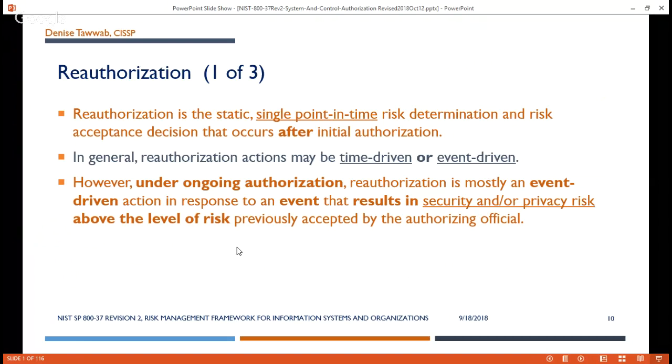However, if you're using ongoing authorization, then reauthorization is mostly going to be an event driven action in response to some event that results in your security and privacy risk escalating above the level of risk that was previously accepted by the authorizing official. So if you're doing ongoing authorization and you have an event that happens, immediately a reauthorization is triggered so that you can go ahead and manage that escalated level of risk.